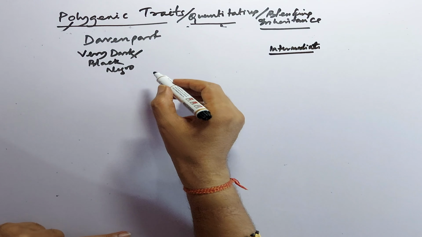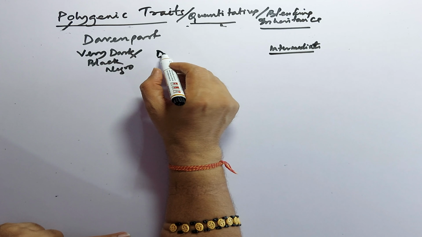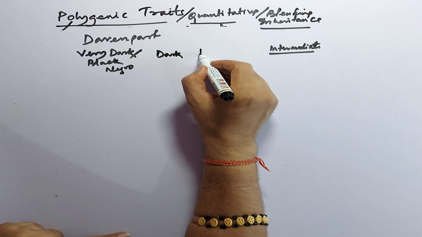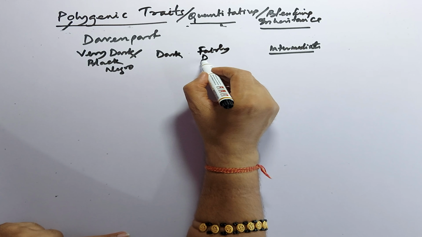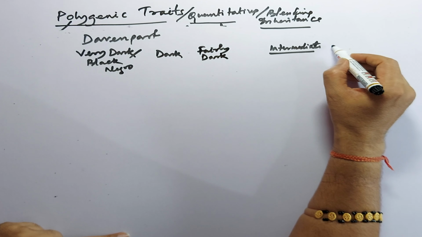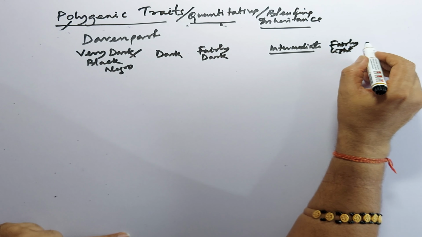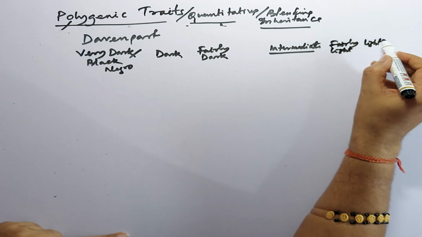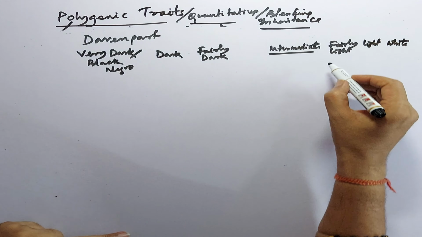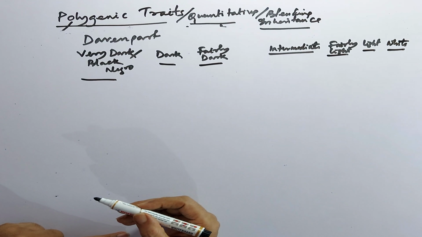And here next one is dark, and next one is fairly dark, and here we will find fairly light, and light, and white. So 7 different colors are found.